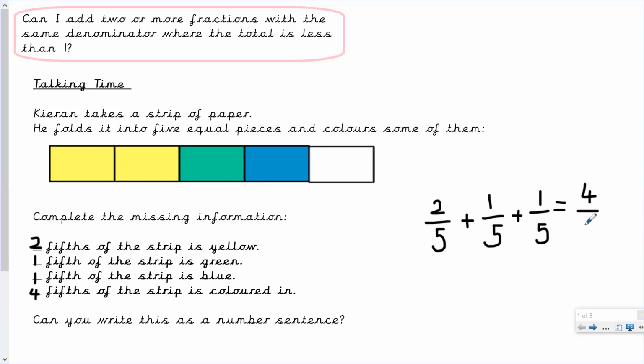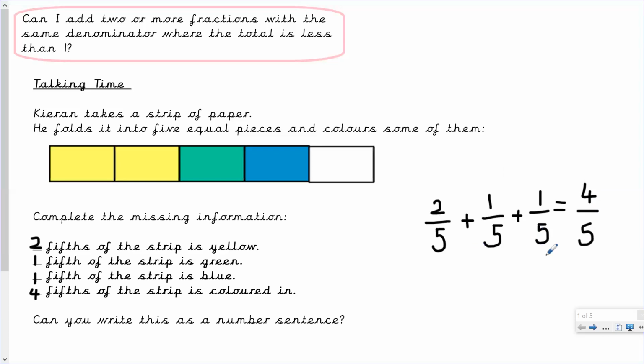I want you to pause the video and think about what you notice within this addition number sentence when we used fractions. Pause the video and have a think. Play the video when you're ready. Okay, so we had 2 fifths of the strip that was yellow plus 1 fifth plus 1 fifth.